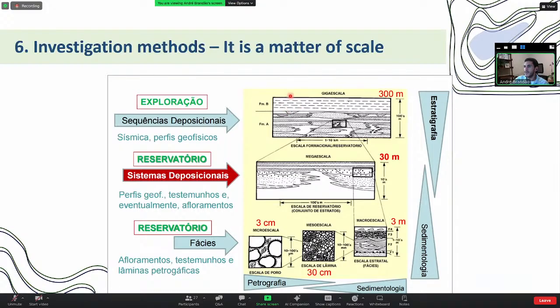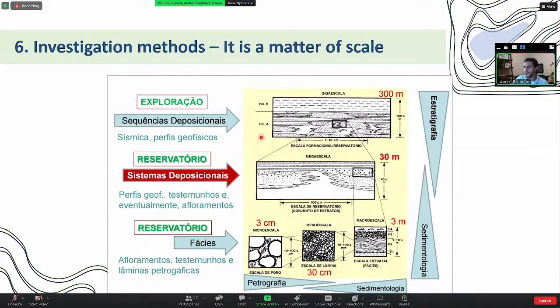When you're talking about basin scales, really large areas, you are going to use seismic to start your study because the vertical and horizontal resolutions will make you do that.